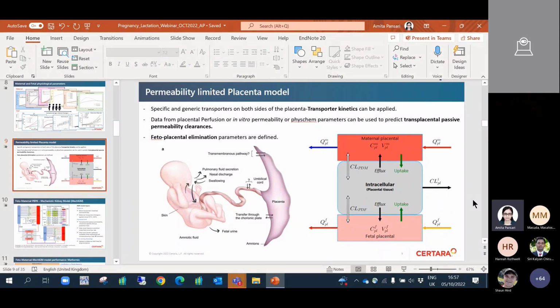But for now, we already have an option for you to incorporate the ontogeny if you want to. So you can also incorporate the transporter kinetics on the transporter side, but you can also incorporate the ontogeny. Hopefully, if the data is sufficient to provide the ontogeny, we'll add them in the future. But there is an option at the moment, but the ontogenies are not available so far.